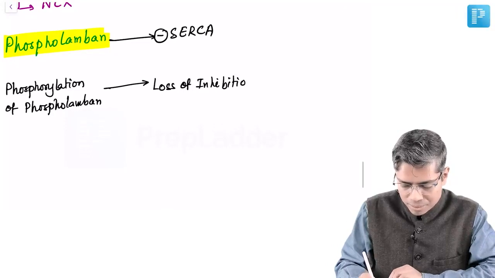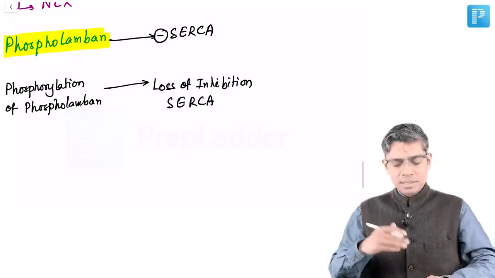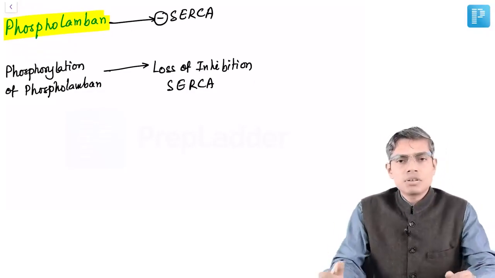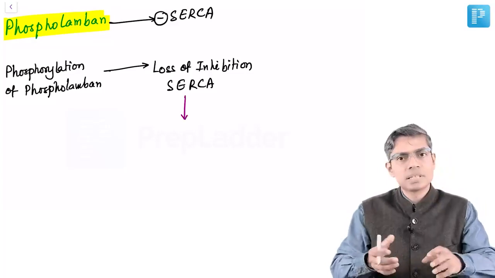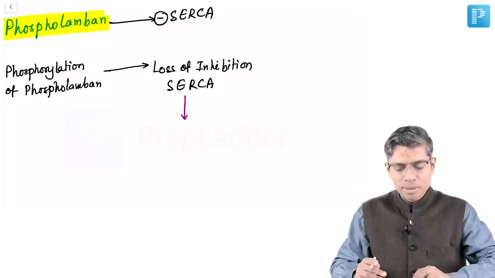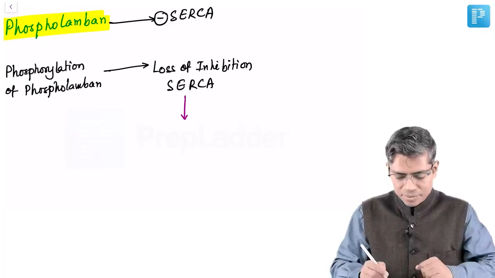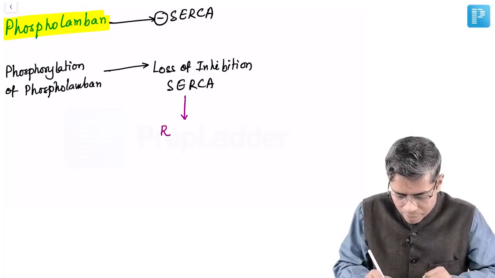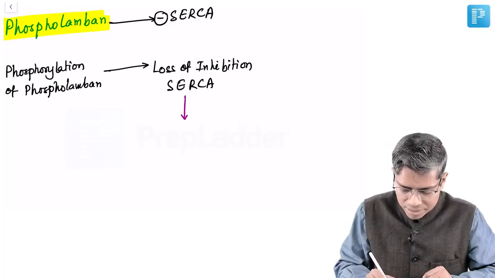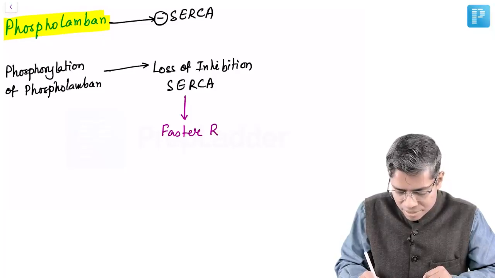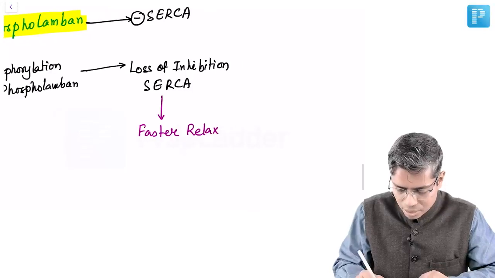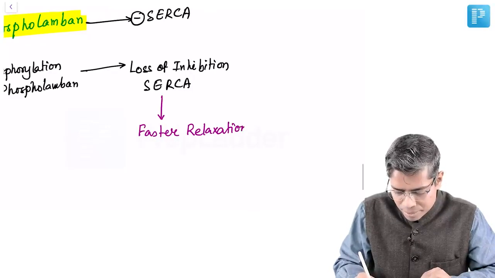So if the SERCA pump is lost from its inhibition, what will happen? I can easily understand that it will mop up the calcium in a very rapid fashion. So if you are mopping the calcium in a very rapid fashion, what will happen? There will be faster relaxation of the myocardium. So I'm writing here, this will lead to faster relaxation of myocardium.